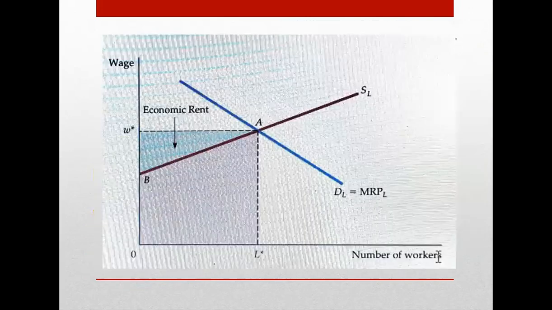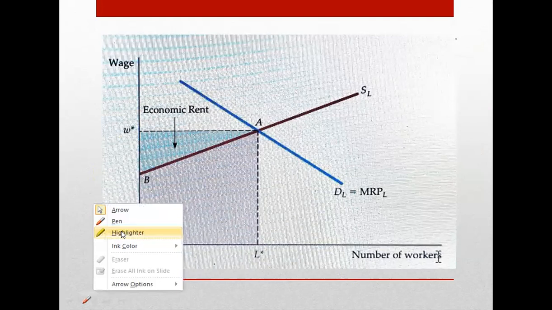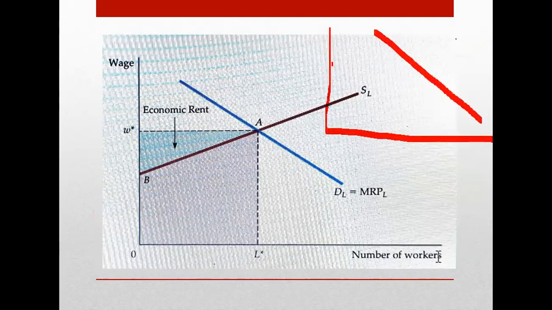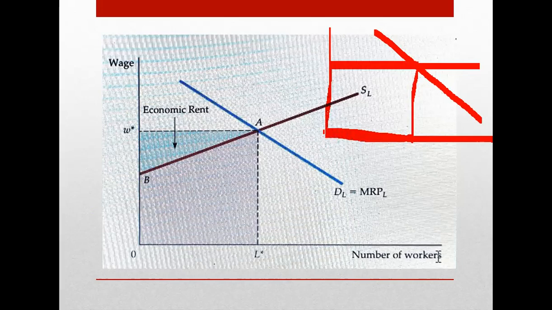I will explain that again with the help of this figure. Let us suppose that this supply curve, the SL supply curve, becomes like this. This is a demand curve and this is our supply curve. This is a perfectly elastic supply curve. Then there is no economic rent, because the total wage payments will be equal to the minimum wage payment.